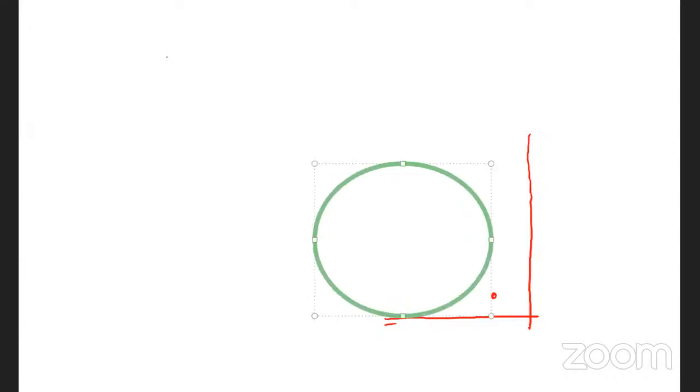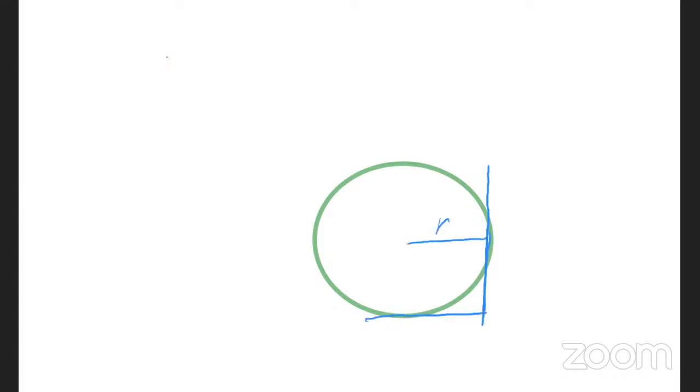One more time. This is your R. This is your R. This is also your R. Understand? There are 3 R there, 3 radii there. Understand? Okay.